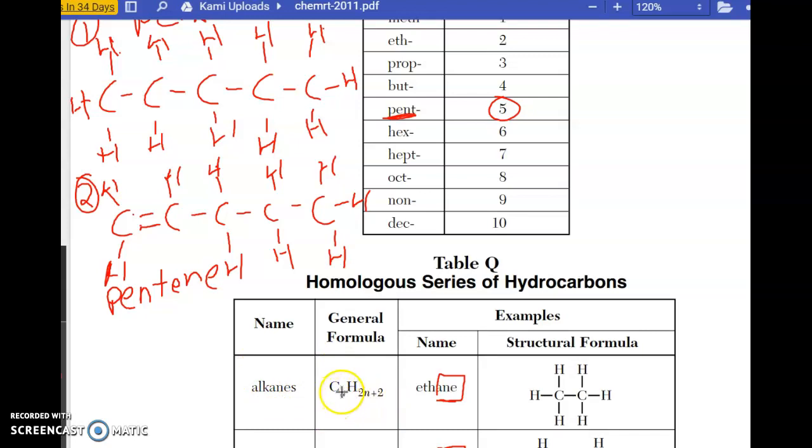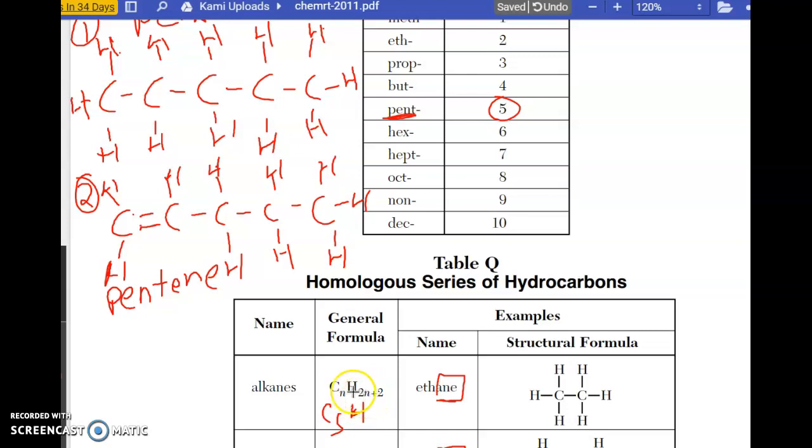And we knew from the start it had 5 carbons. You have to know how many carbons you have, and then you can figure out how many hydrogens you have based on that. Counting them is a pain, especially when you get to really large compounds, so you use this little formula down here.